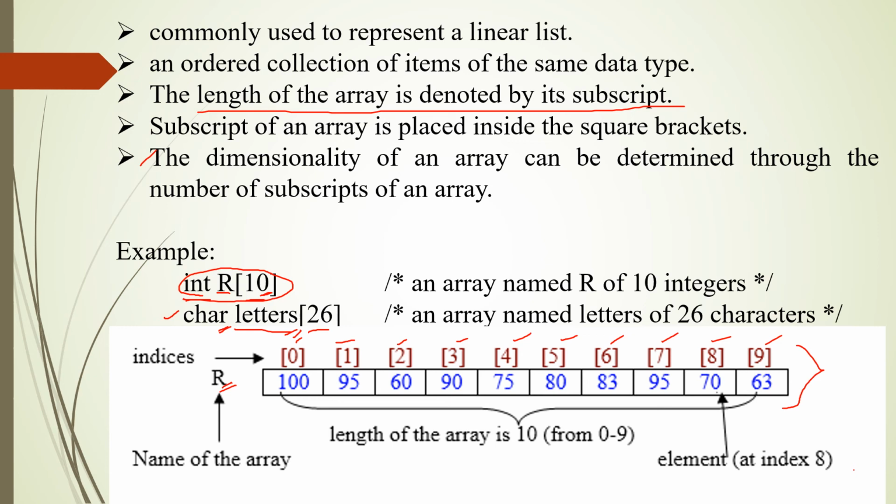If the starting index of that programming language starts from 0, our indices would be from 0 to 9. But if the starting index of the array starts at index 1, then that will be from index 1 up to 10.